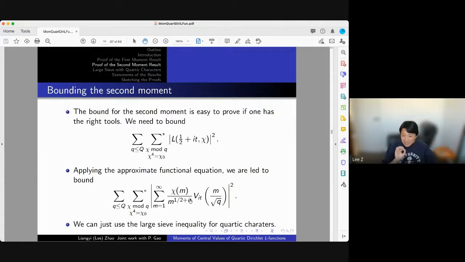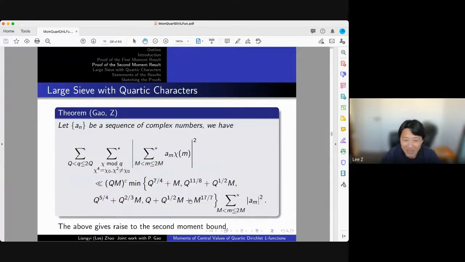That's precisely something to which we can apply the large sieve inequality for quartic characters. So you just do that. What is the large sieve for quartic characters? In brief, it is this theorem here.